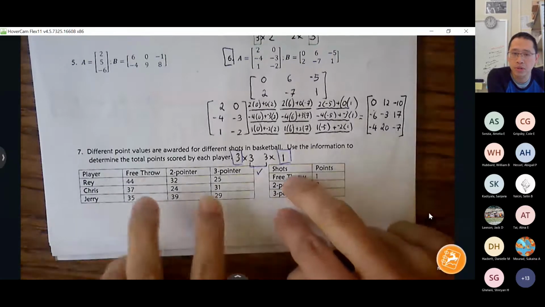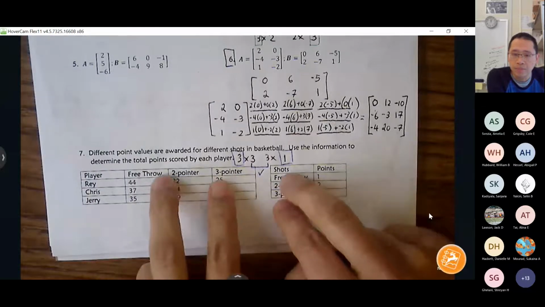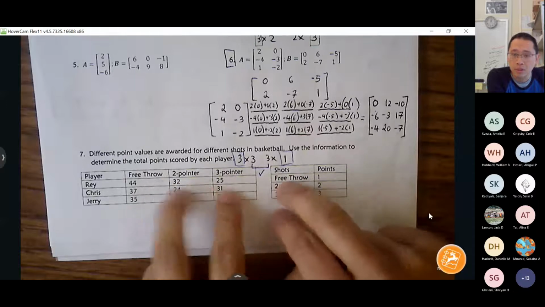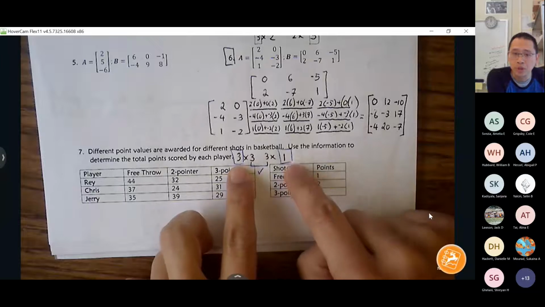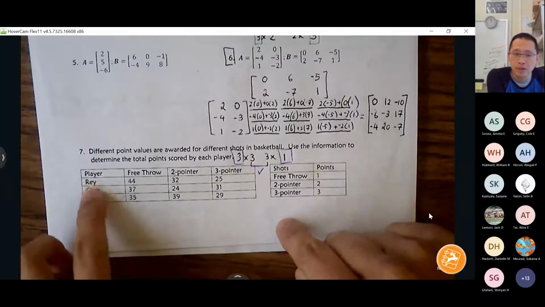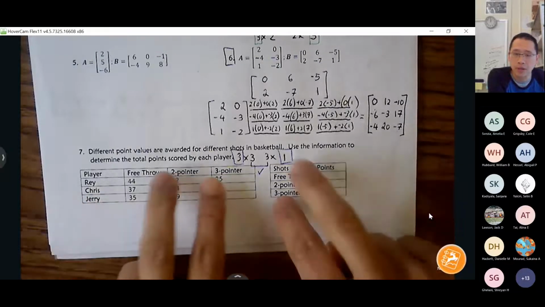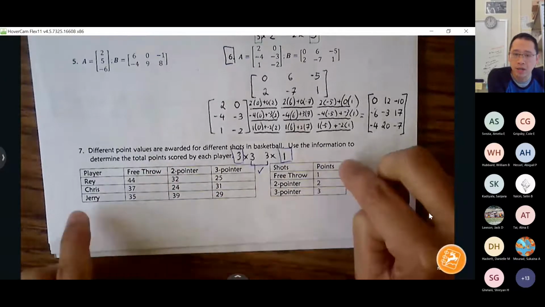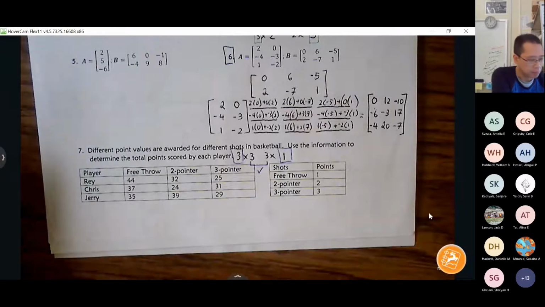So these are the dimensions that combine and merge to allow a 3x1 matrix to appear, which will show the connection between the names of each player and how many points they scored. Along the way, this information is getting merged to allow for that connection to be made.